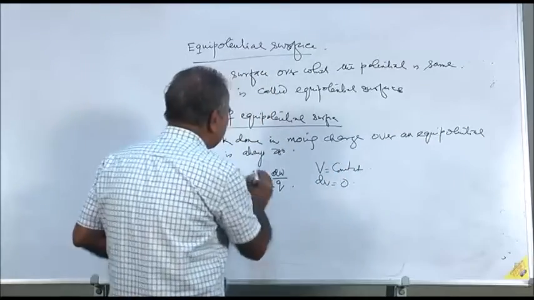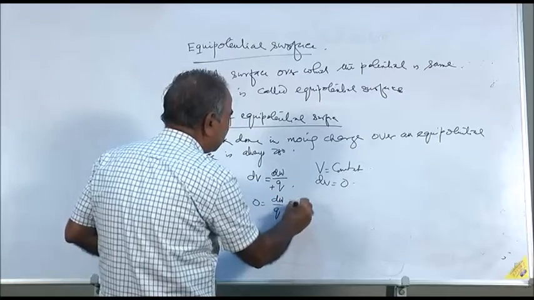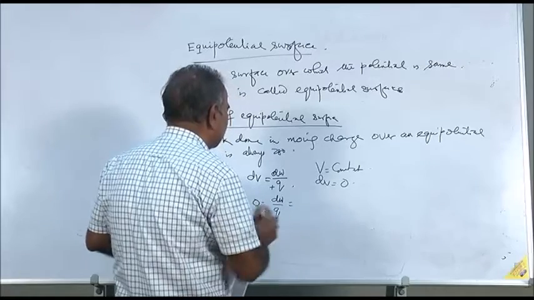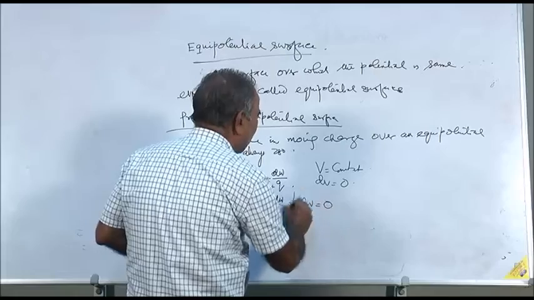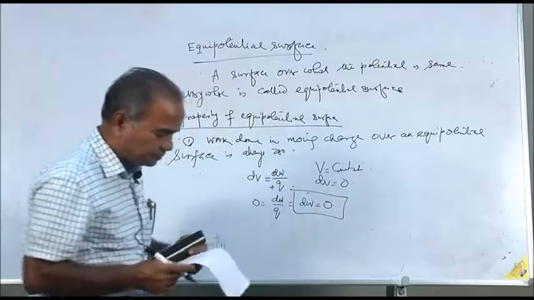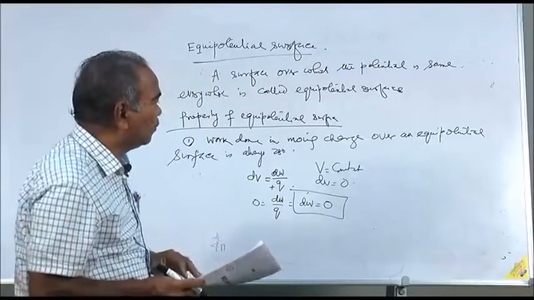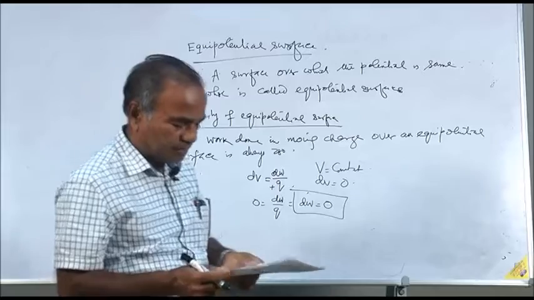So dV 0 means 0 is equal to dW by Q. That means dW is 0, work done is 0. No work is done when a charge is taken on the equipotential surface.